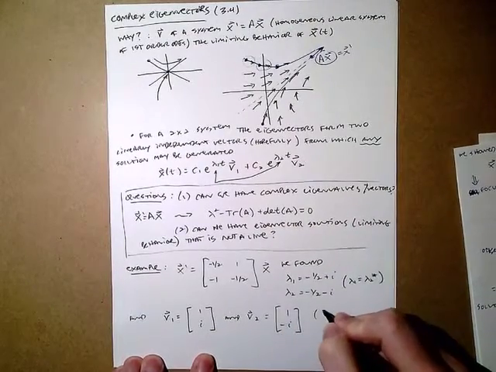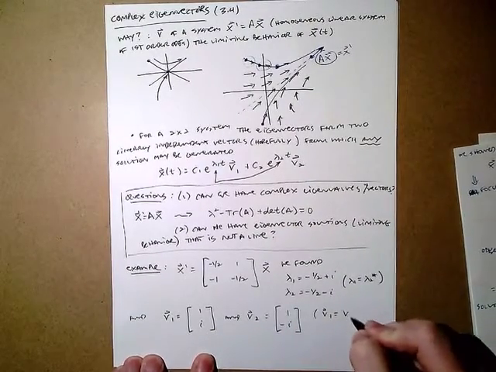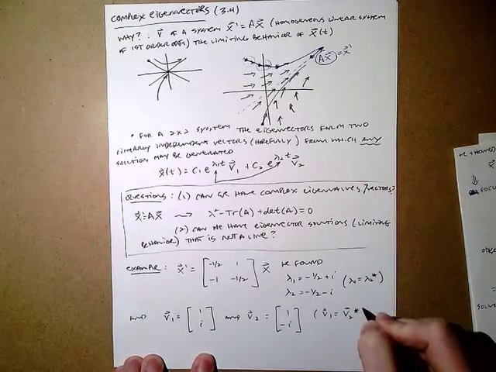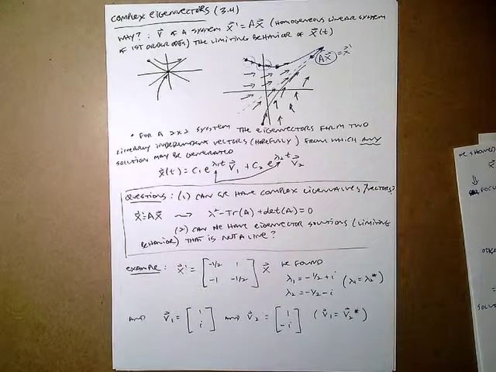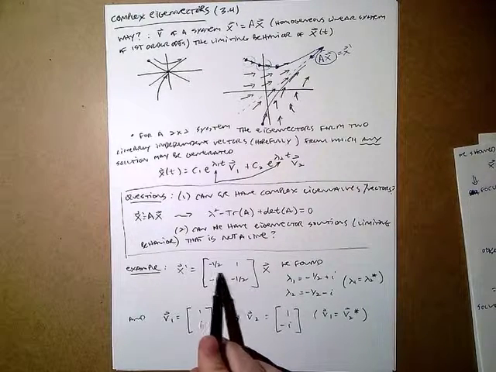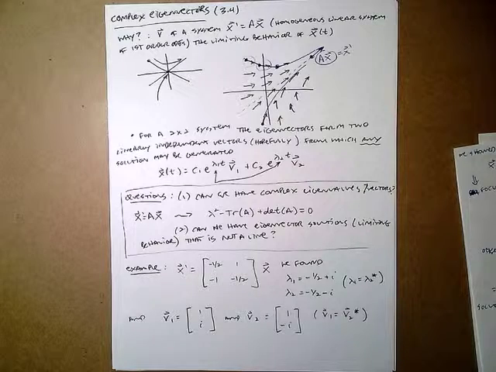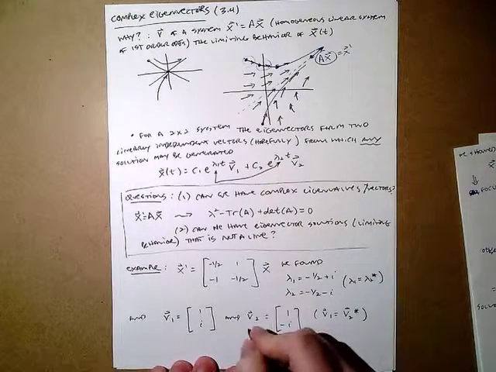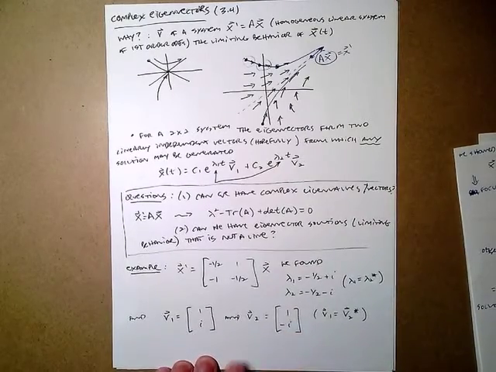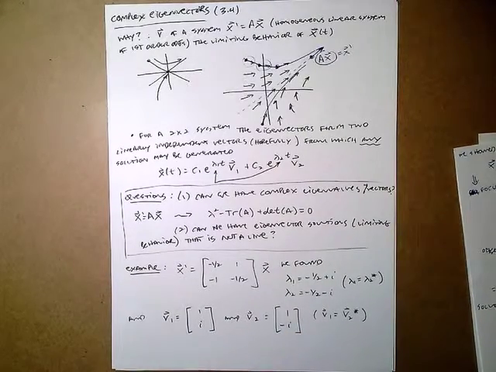Also observe that these two vectors are the complex conjugates of one another. In fact, if we only wanted to find one, the other comes for free, provided that all of the elements in the system matrix are real. So if they are real, then we can immediately get v2 by taking the complex conjugate of v1.